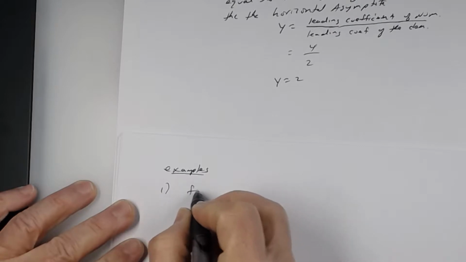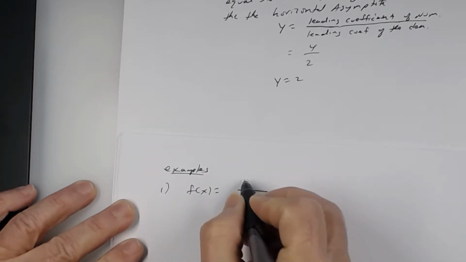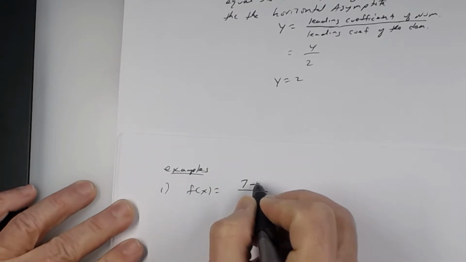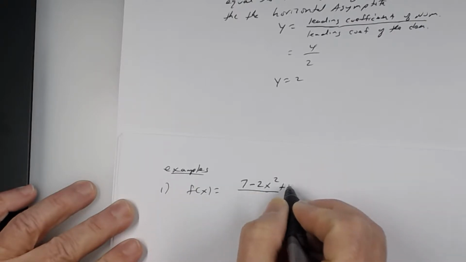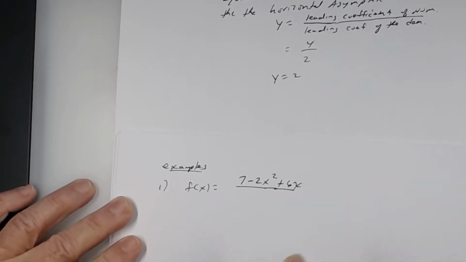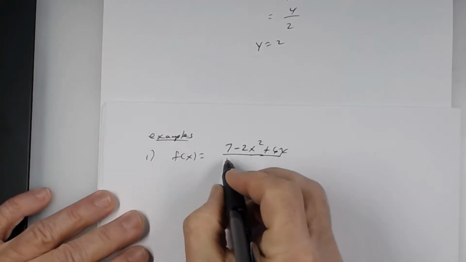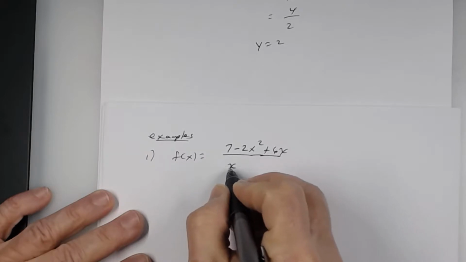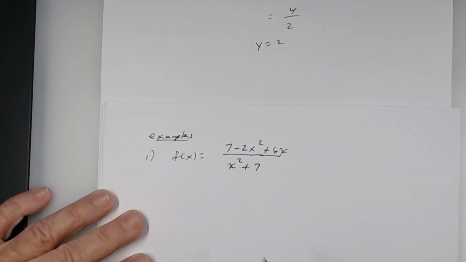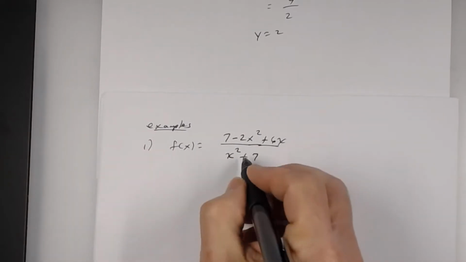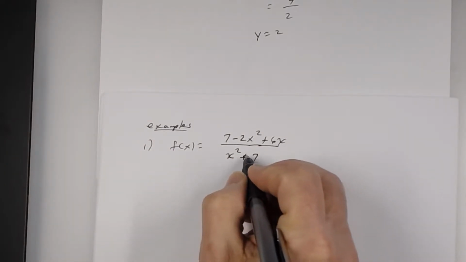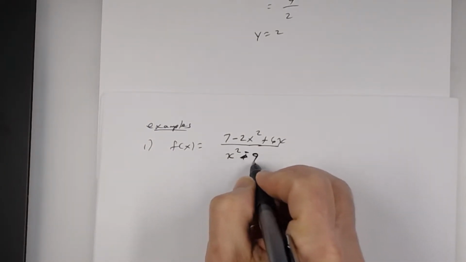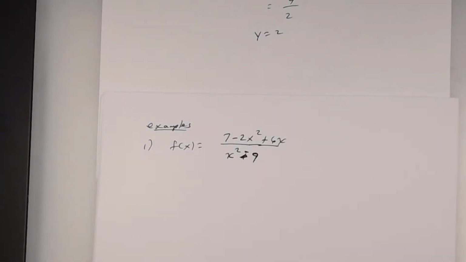Number 1, f of x equals 7 minus 2x squared plus 6x divided by x squared plus 7. Ooh, let me change it. x squared minus 9. Sorry, x squared minus 9.